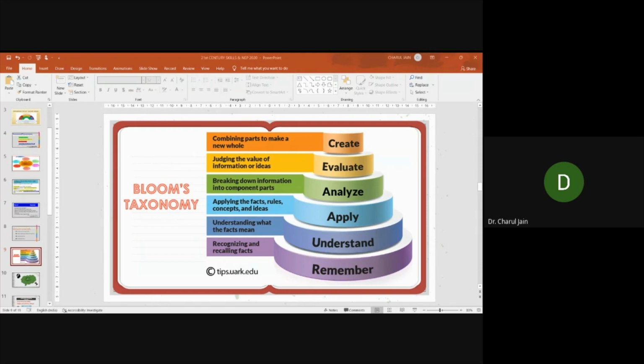So according to me, there has been a very long gap between the previous education policy and this education policy. And the previous education policy focused.